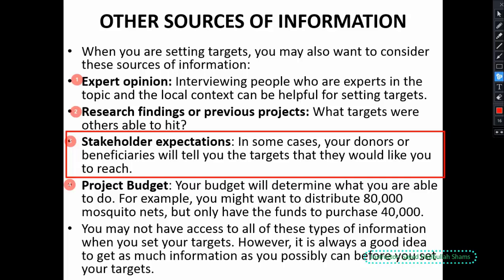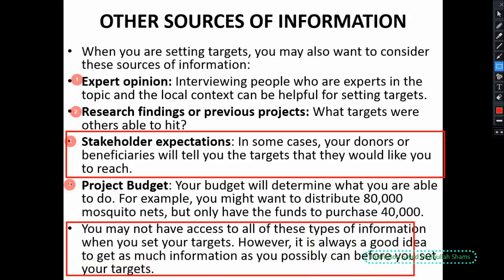If you did not have access to all of these sources that I have explained step by step, for example, you are not able to find an expert, there was no organization to give you information, and you cannot do research, then it is a really good idea to collect more information, until you get complete knowledge about that area, your project and your stakeholders.